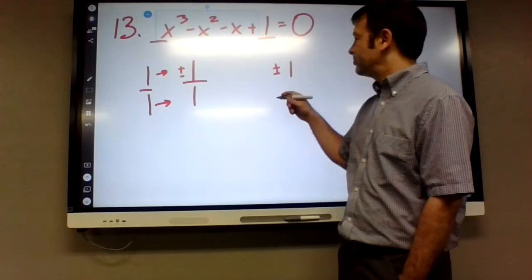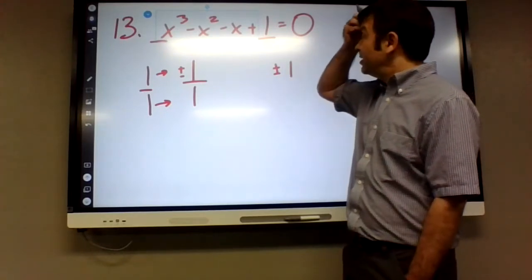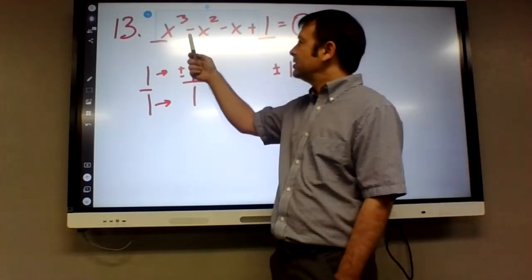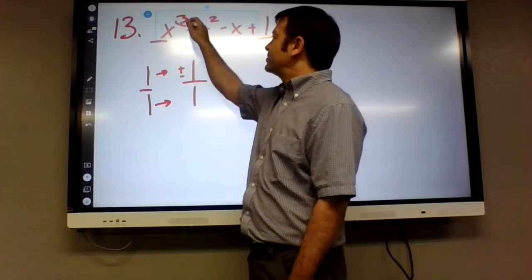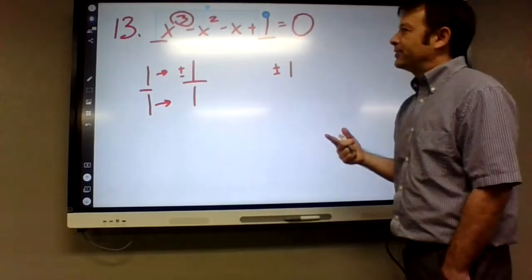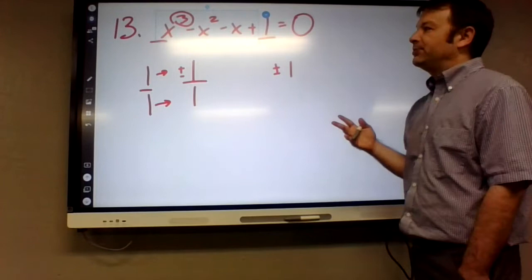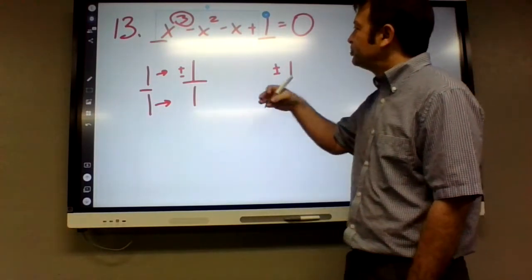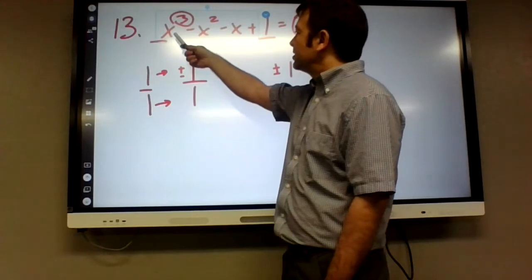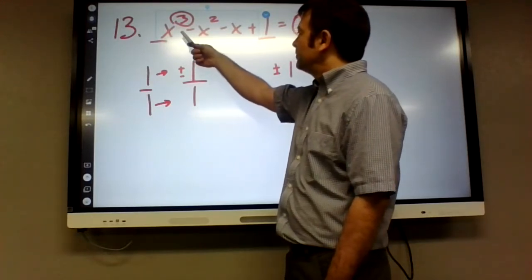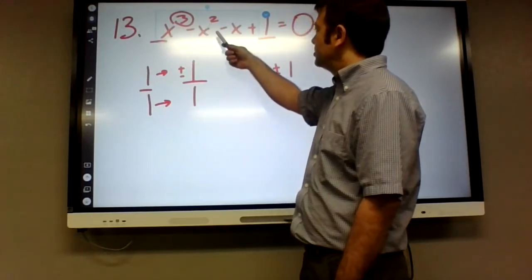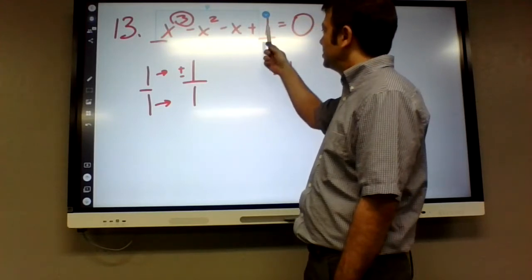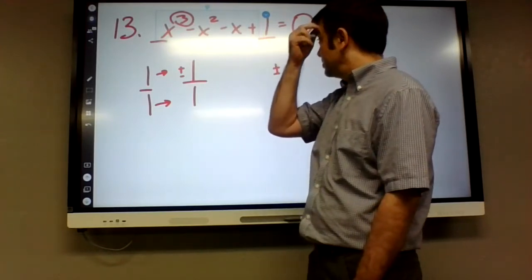That equals 0. So 1 is a solution. Negative 1, so this should normally have 3 solutions, right? However, the trick is sometimes the solution might be a double root or a triple root. Let's see if negative 1 works. Negative 1 minus 1 is negative 2. Yeah, it looks like negative 1 works too, actually.